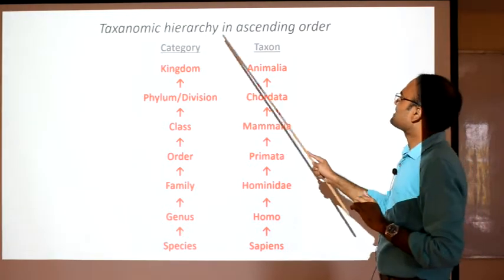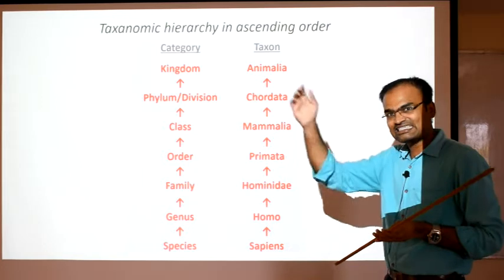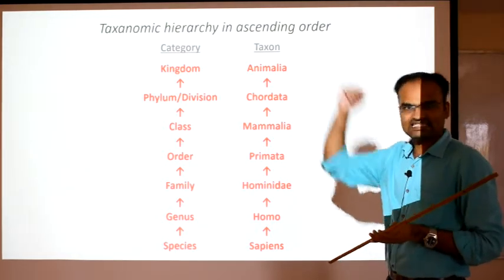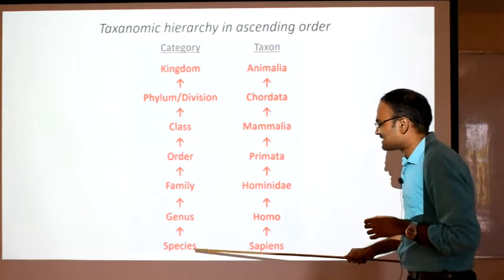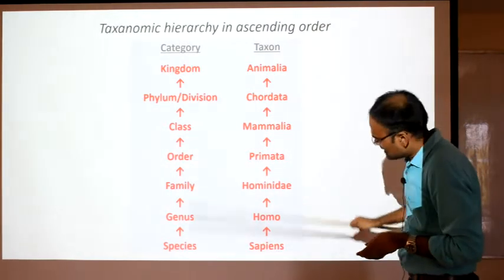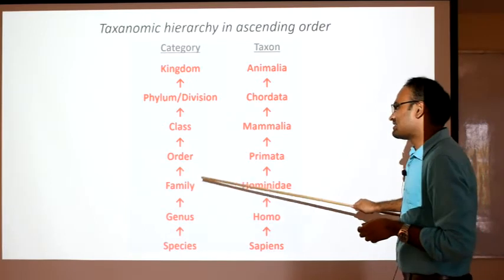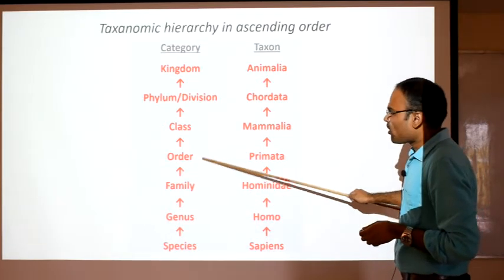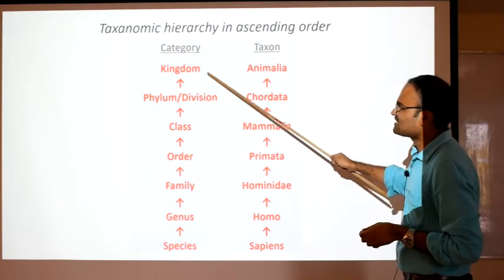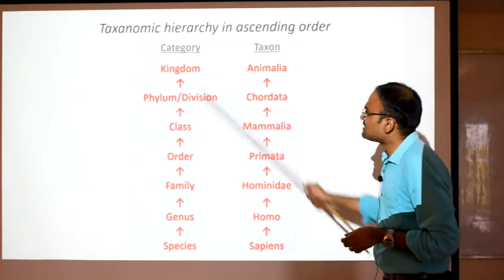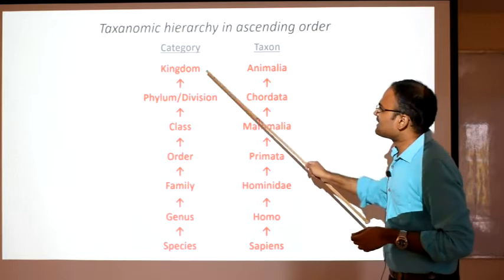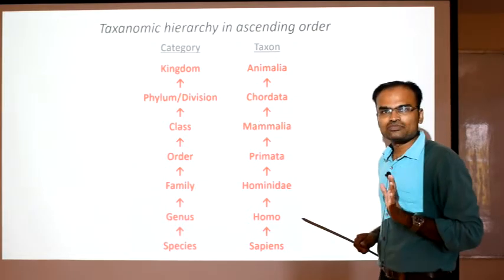Next, this is one example of how the taxonomical hierarchy works. Taxonomical hierarchy in ascending order, from the lowest to the highest category: the lowest category is species, next is genus, then family, order, class, phylum or division, and kingdom. So what we have to understand here: species is the lowest category, kingdom is the highest category.